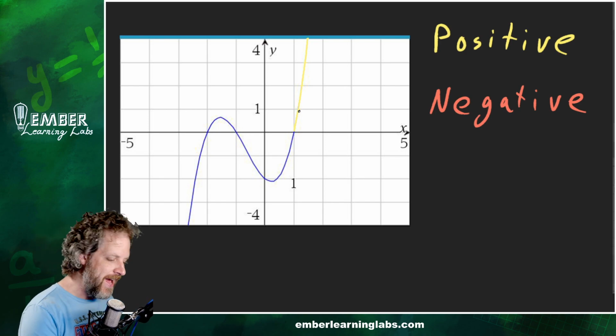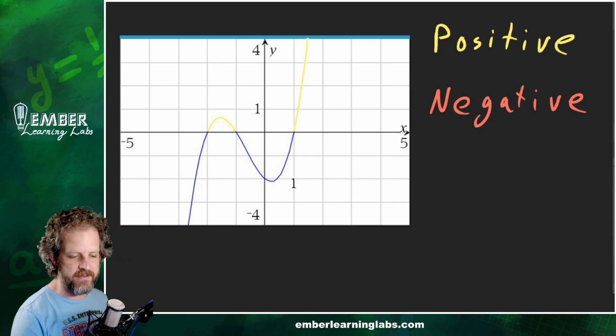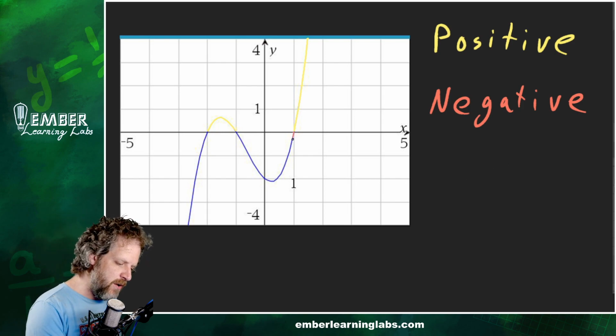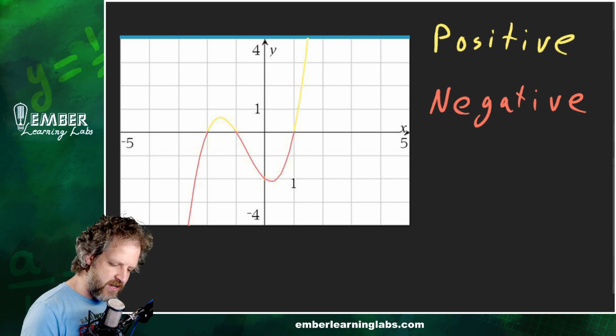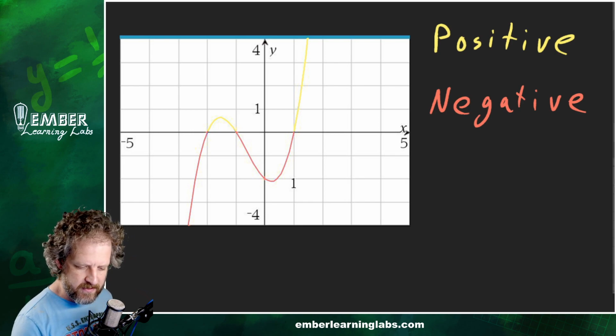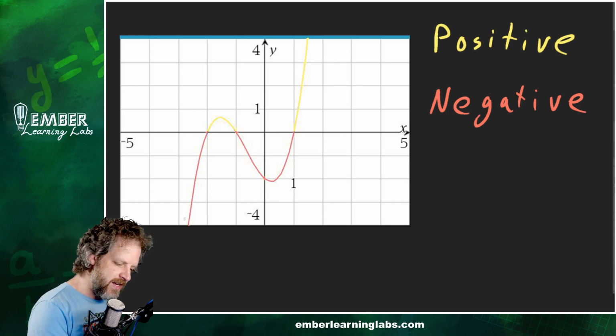All right. So anyway, everywhere where the function is above the x-axis, it is positive, which means that wherever it's below the x-axis, it's negative. One thing that isn't illustrated real clearly on this picture is that this function is continuing on further and further, right?